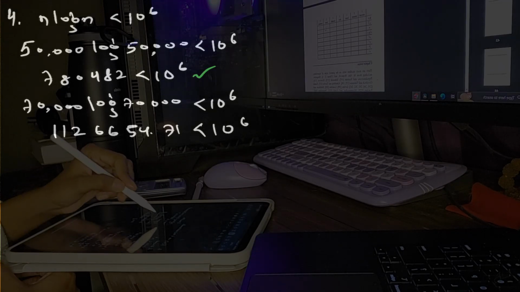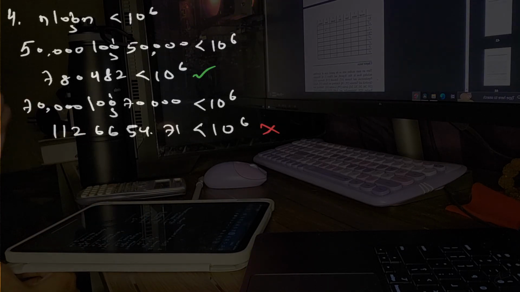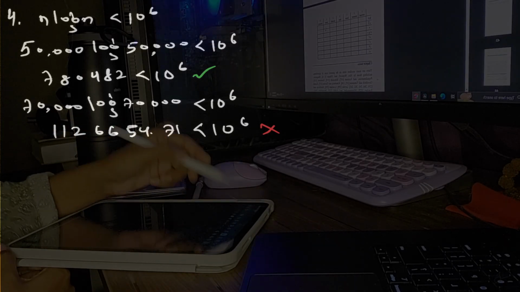Is it less than 10 to the power of 6? No, it is not. So the n value which could be processed should lie between these two.